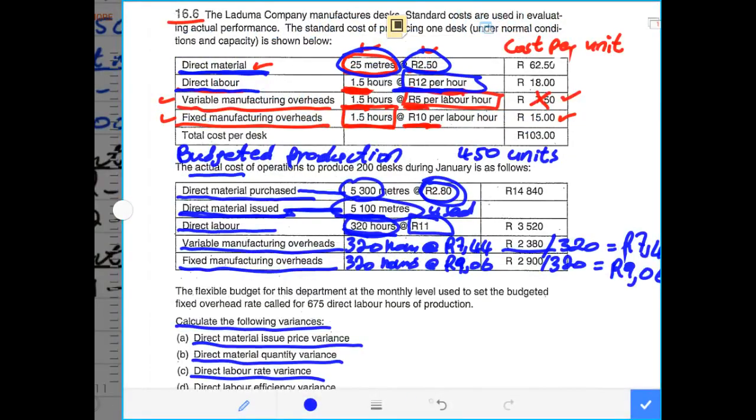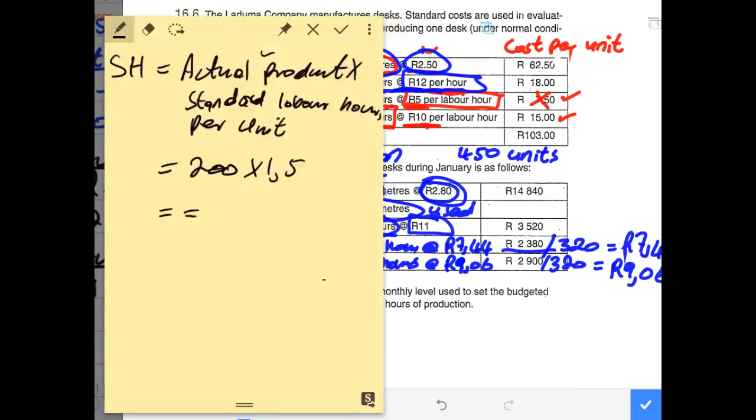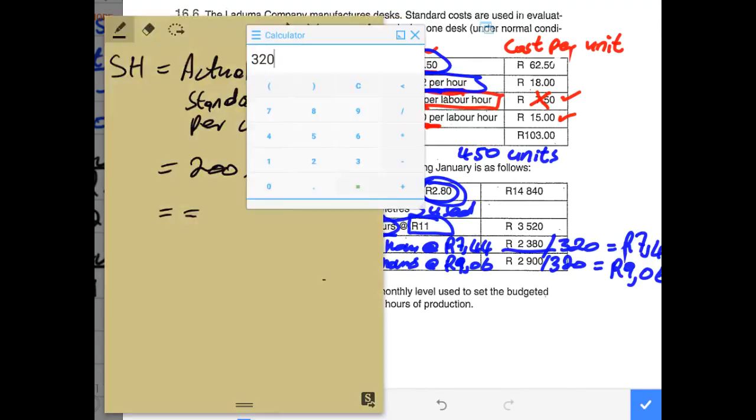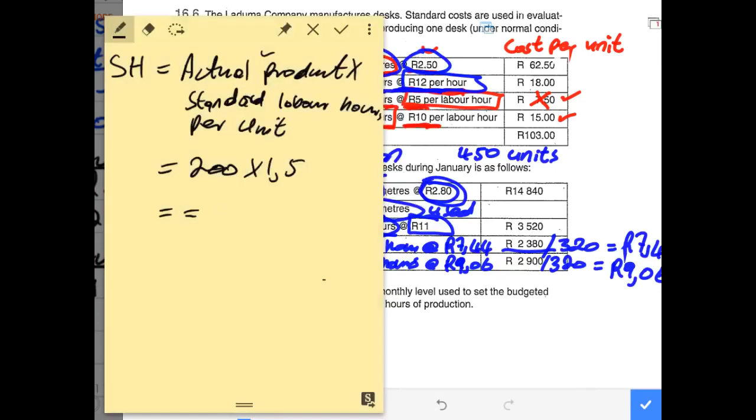Yes, the company actually produced 200 units. And our standard labor hours per unit is 1.5, which means the number of hours it takes to complete 1 unit. So 200 times 1.5 will give us 300 hours. Therefore, our standard labor hours is 300 hours.